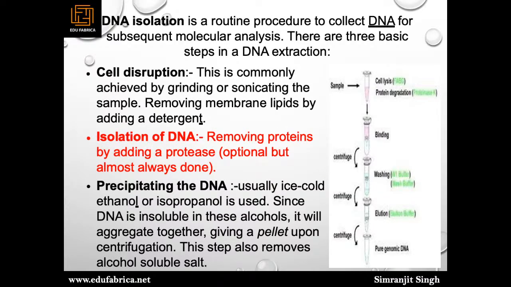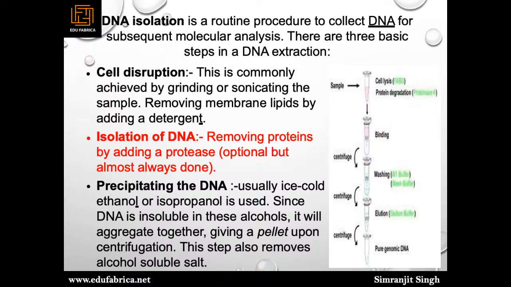So DNA isolation is a routine procedure, that is, collection of your DNA from your samples. There are three basic steps: cell disruption, which you can do by grinding or sonicating, then removing membrane lipids by adding a detergent. Then isolation of the DNA fragment, removing proteins by adding protease, then precipitating the DNA, usually with ice cold ethanol or isopropanol.